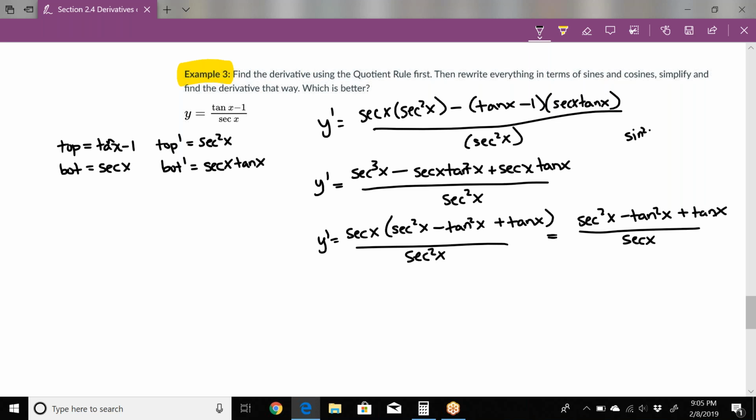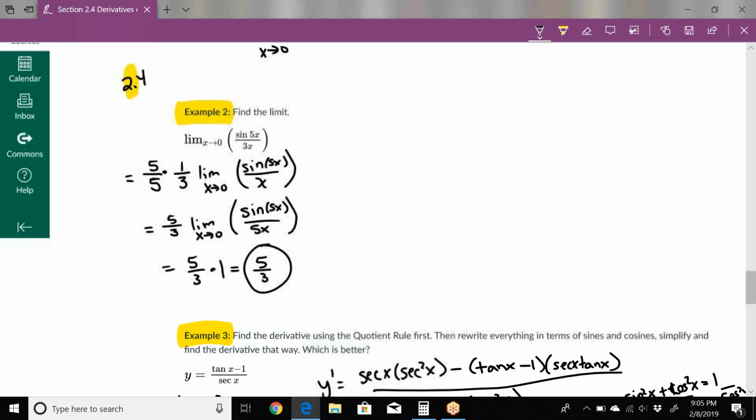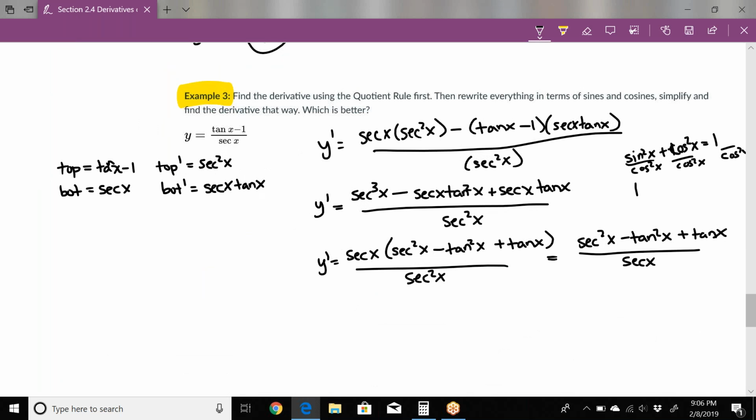Remember, our base formula for that is sine squared plus cosine squared equals 1. And if we divide everything by cosine squared, notice that gives us a secant squared on this side. So that would be tan squared x plus 1 equals secant squared x.